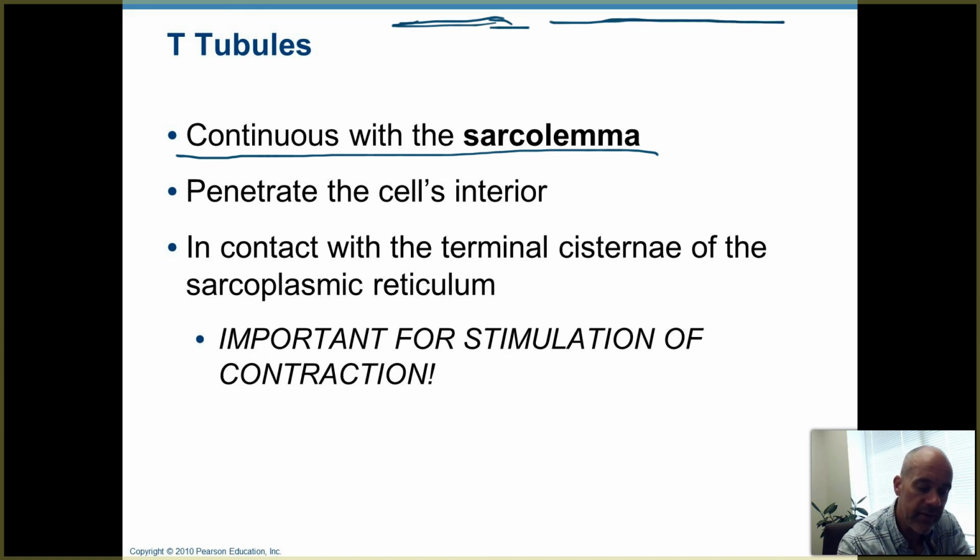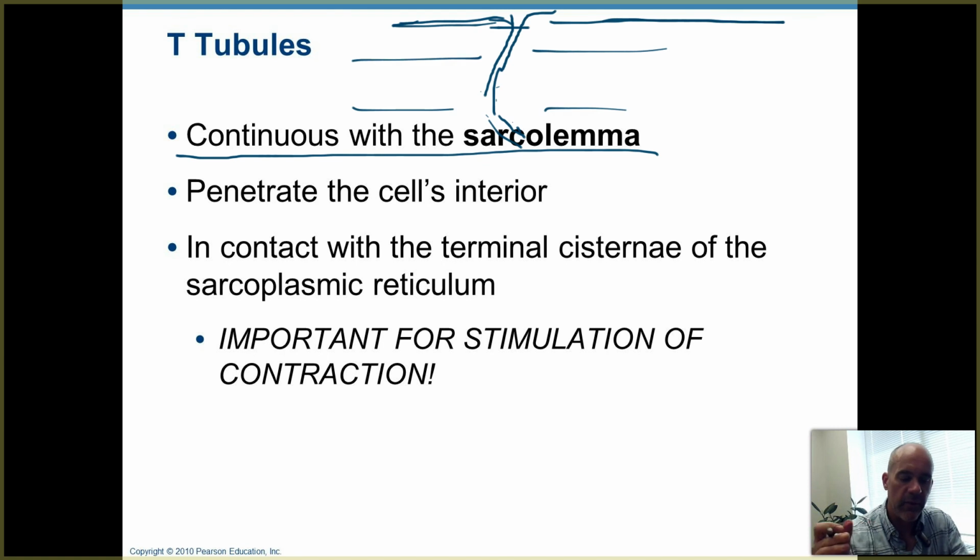A T tubule is basically an invagination where it goes down into the interior of the muscle fiber and wraps around the myofibrils inside there. So it's like an indentation of the sarcolemma that goes inside the cell. That'll be important a little bit later as we go through our muscle fiber contraction story, so just keep that in mind.